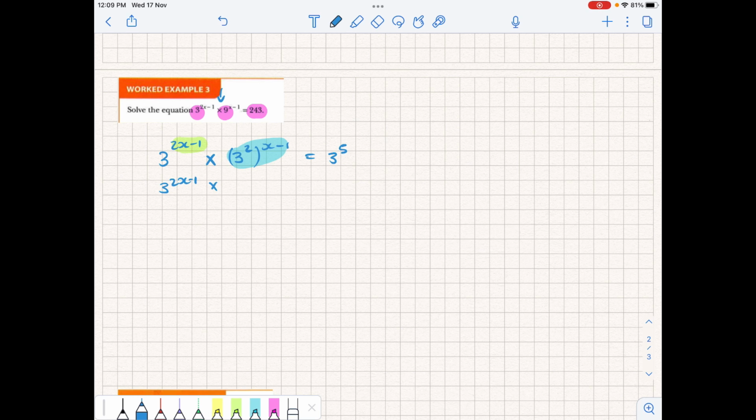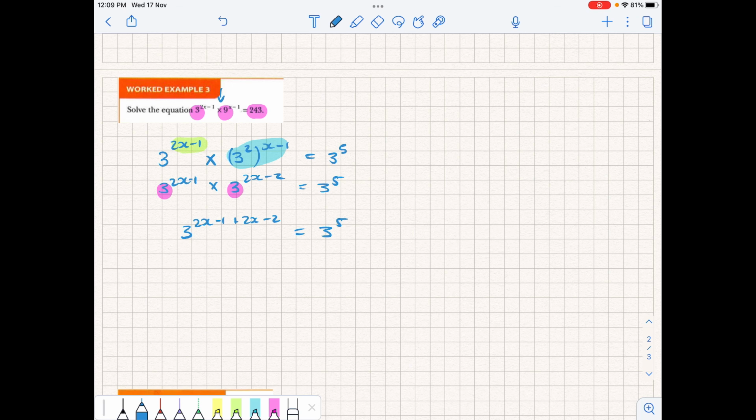I'm raising a power to another power, so I need to multiply the exponents, which is 2 times x minus 1. We get 3 to the power of 2x minus 2, equal to 3 to the power of 5. Here I have the same base being multiplied, so I can add the exponents. So I'll get 3 to the power of 2x minus 1 plus 2x minus 2, and this is all equal to 3 to the power of 5.